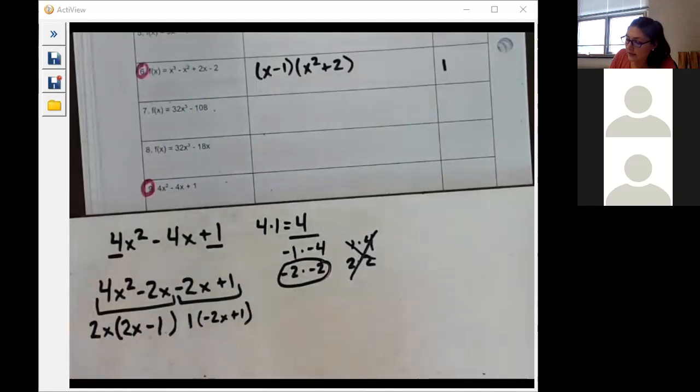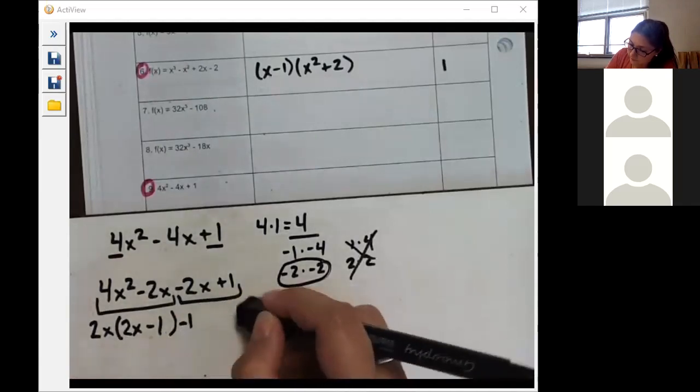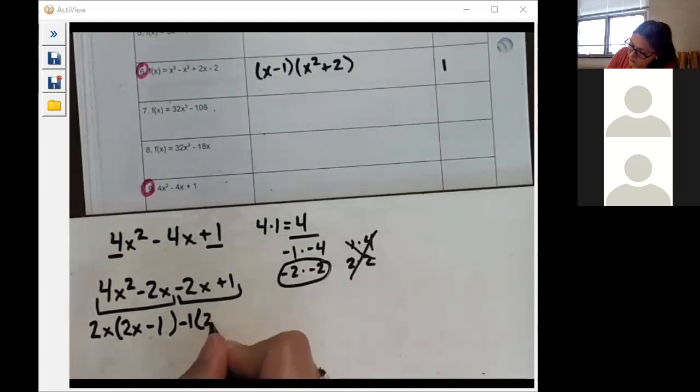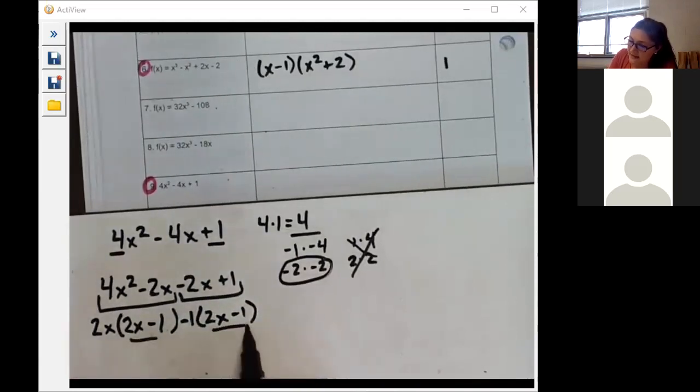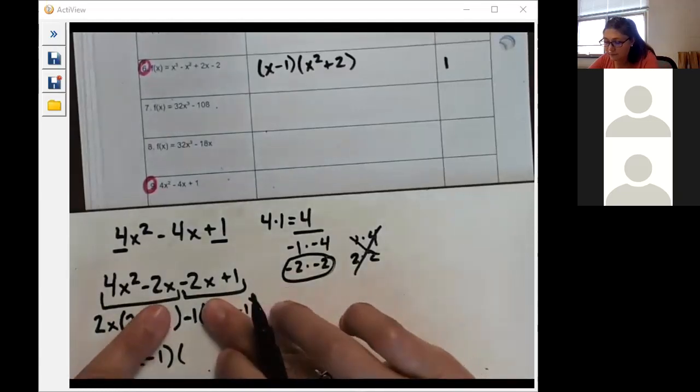So this is what I meant when I said if your stuff in parentheses doesn't match, go back and double check your work. So I need to factor out negative 1 here so that these signs change. And I've got 2x minus 1 in parentheses, and now that stuff matches. So from here, 2x minus 1 is the same for both of those, so I pull that out as my GCF. And then left over, I have 2x minus 1.